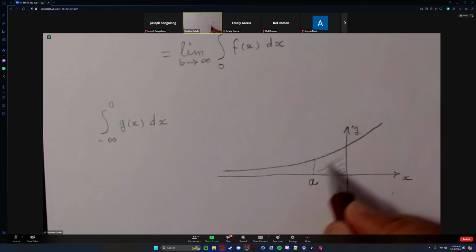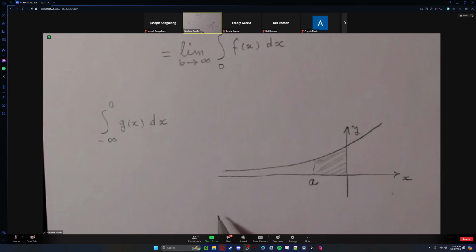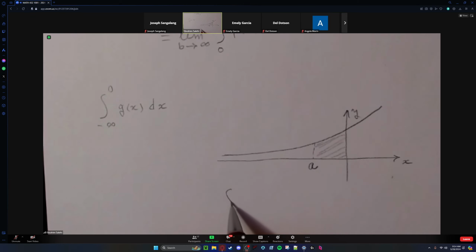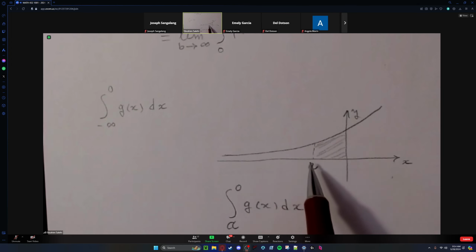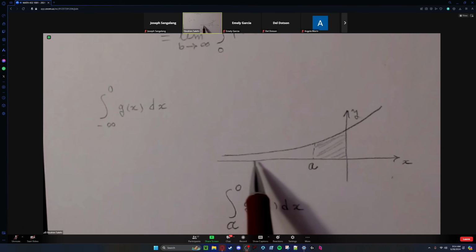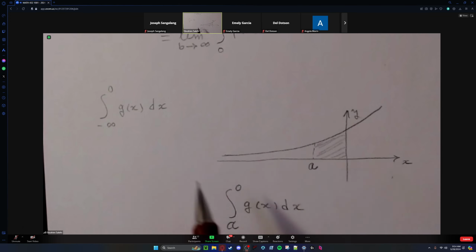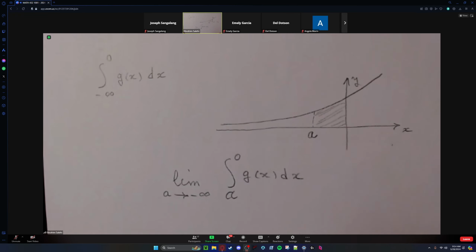You will get this area. And after getting that area, so you integrate from a to 0, g of x dx, and then you let a approach negative infinity, and that's limit, right? You take limit as a approaches negative infinity.